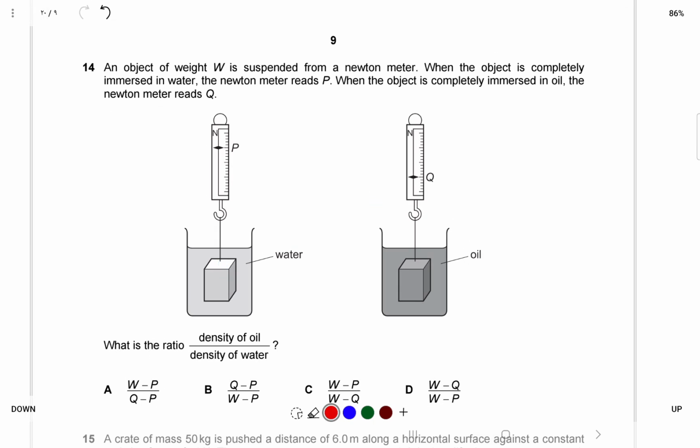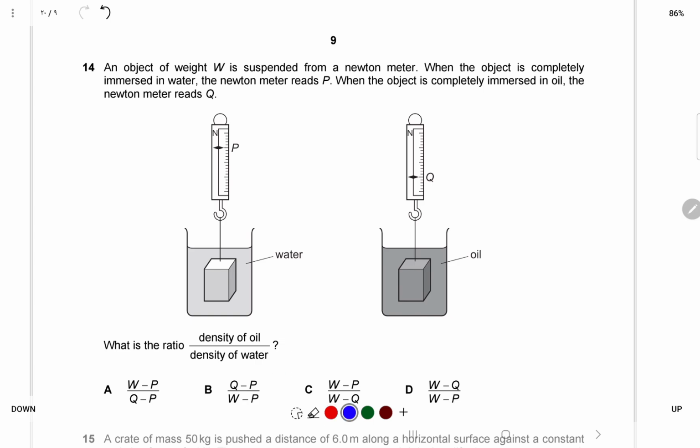Question 14. An object of weight W is suspended from a Newton meter. When the object is completely immersed in water, the Newton meter reads P. When the object is completely immersed in oil, the Newton meter reads Q. What's the ratio, density of oil to density of water?